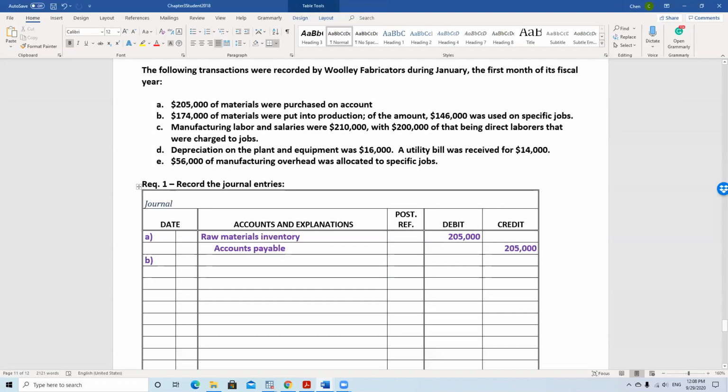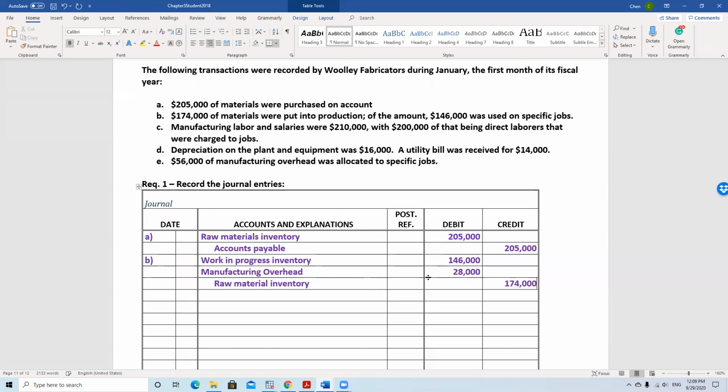So we're going to do a work in progress inventory of this amount, 146,000. And then we also know that part of this material was not used on specific jobs. For this amount, we're going to do a manufacturing overhead. And the difference is 28,000. And then we're going to do a credit of raw material inventory.